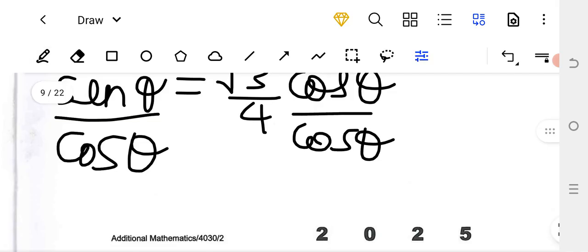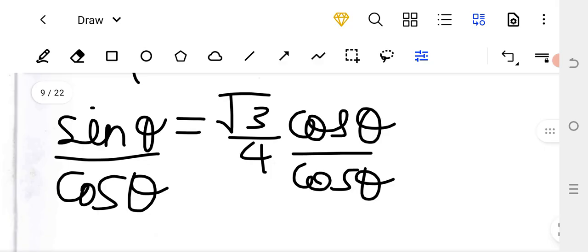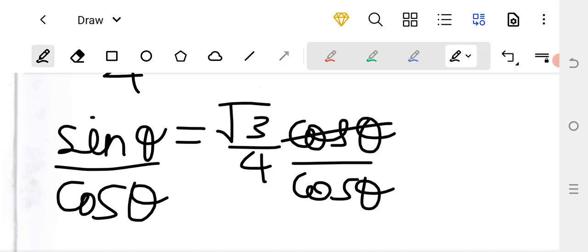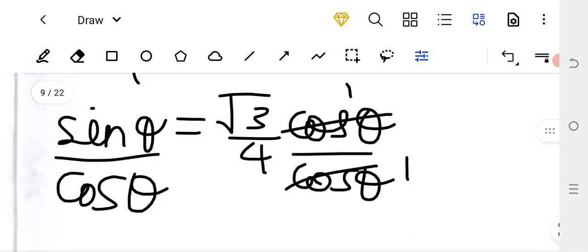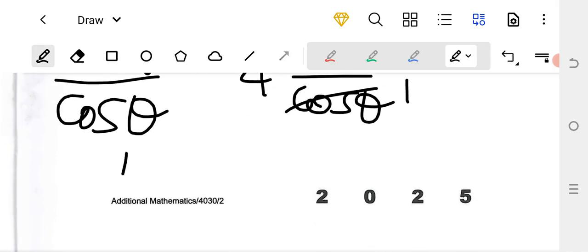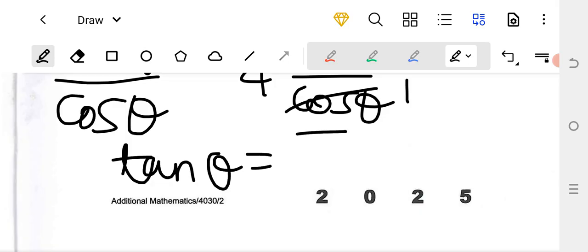What you're going to have is here cos theta and cos theta will cancel out, giving you 1. Cos theta can go into itself 1 into cos theta, it's 1. Then here it's going to give you tan theta. So tan theta is equal to square root of 3 over 4.